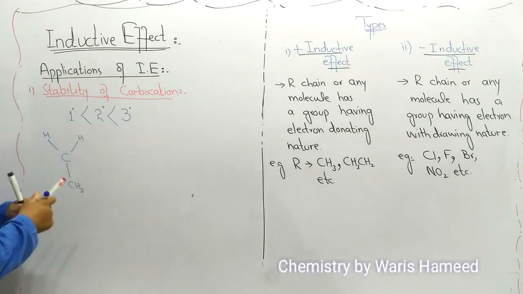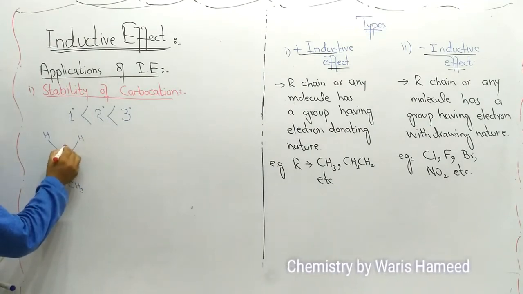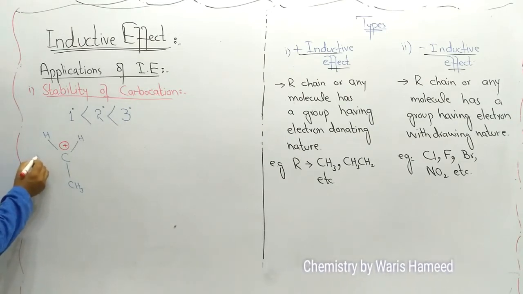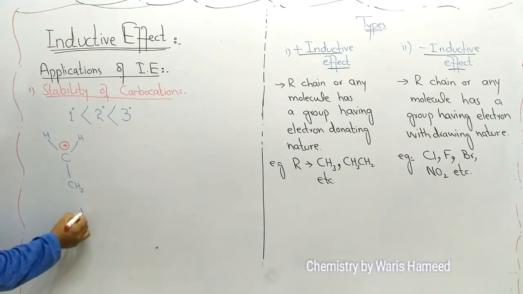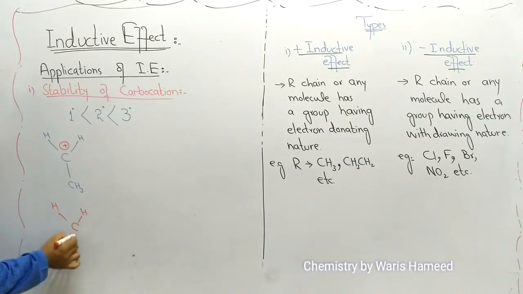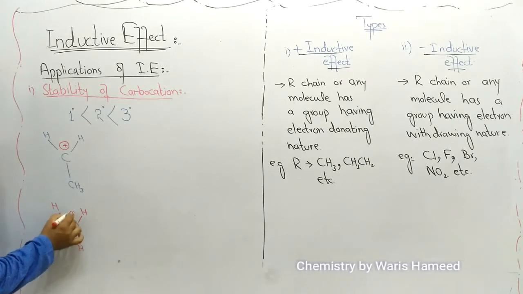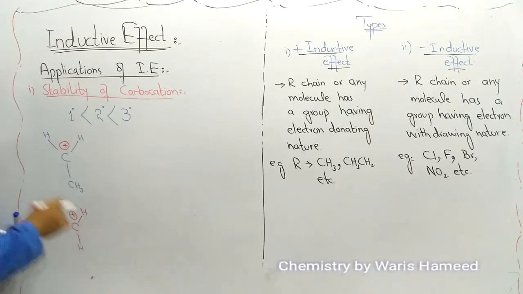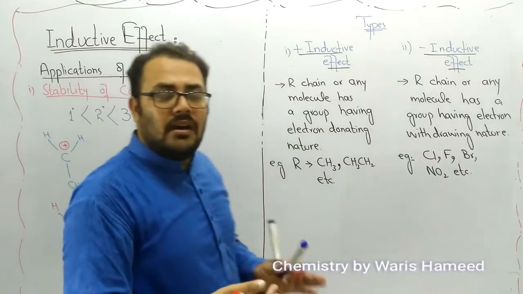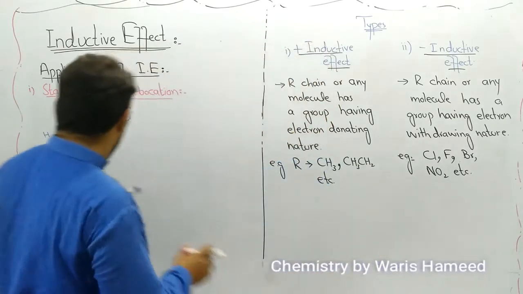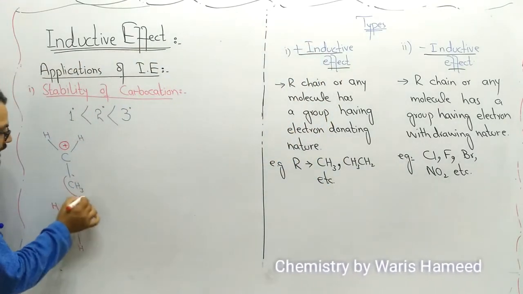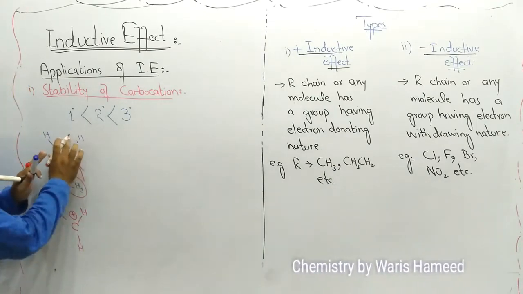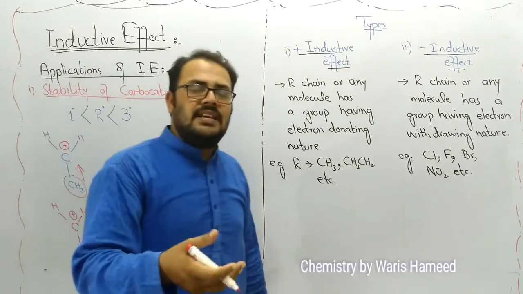In this case, here is the positive charge, and I am going to write a methyl group. It is also a primary carbocation, and it is least stable among all alkyl cations. In this case, CH3 is pushing electronic density toward the carbon atom, and this positive charge is being compensated a little bit.